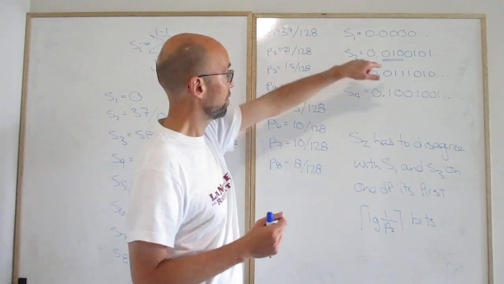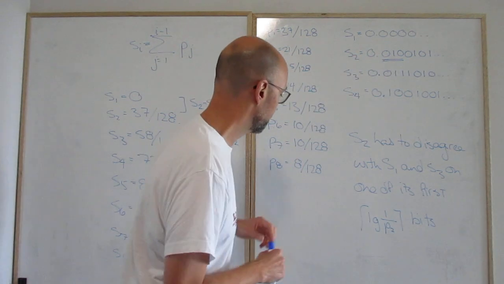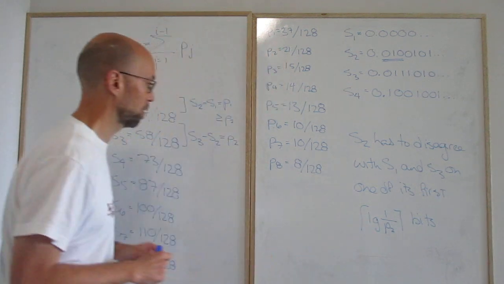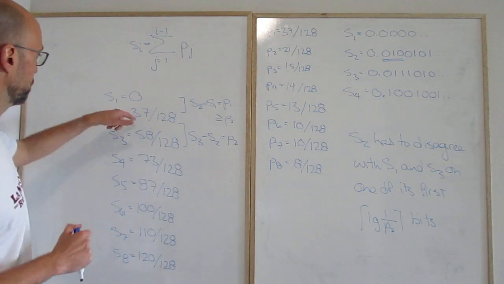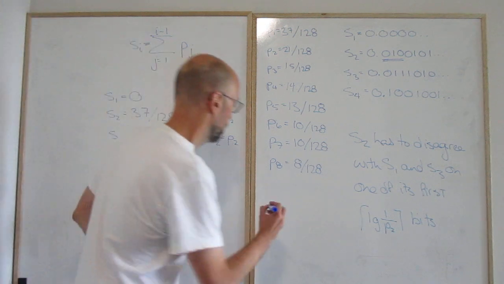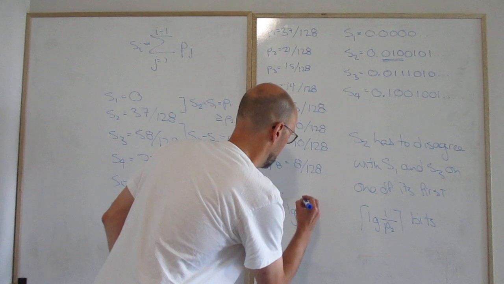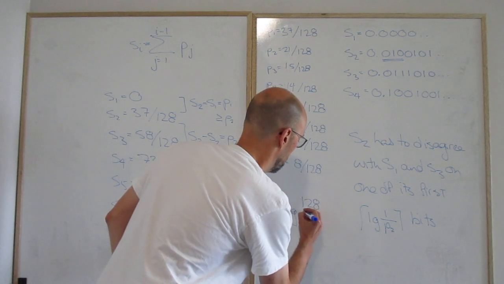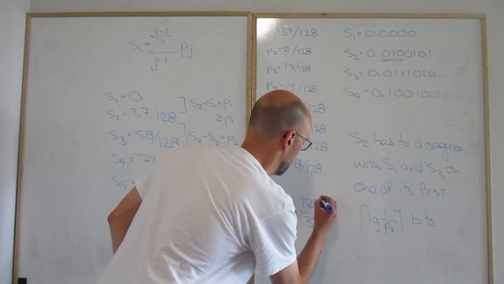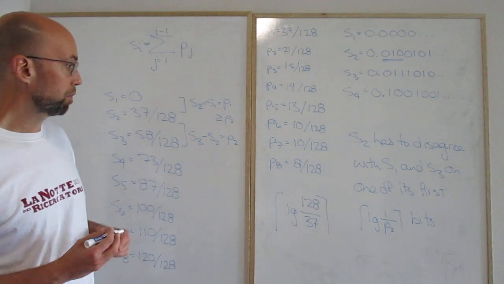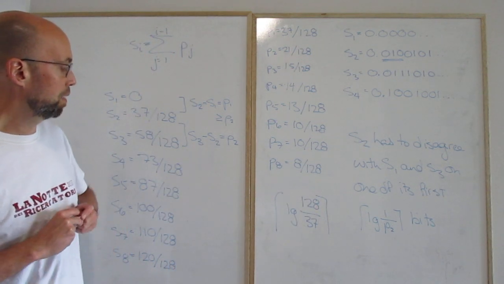And notice that 0, 1, 0 has length 3, and indeed 1 over P2 is 128 over 37. So ceiling of log 128 over 37 should be at most 3.